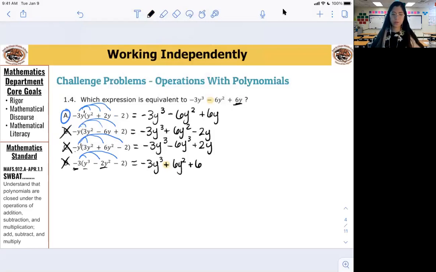Do I have questions on this one? If you started with A and then went down, you probably saw the correct answer right away, which probably saved you a little bit of work. But it's always good to check every response just to make sure, because you never know, you might have made a mistake. You just want to be sure. Questions on this one?